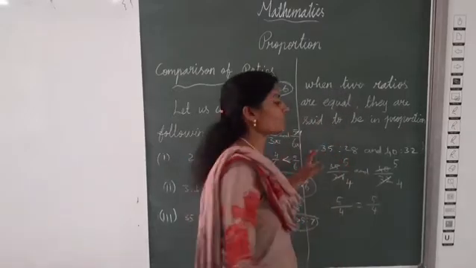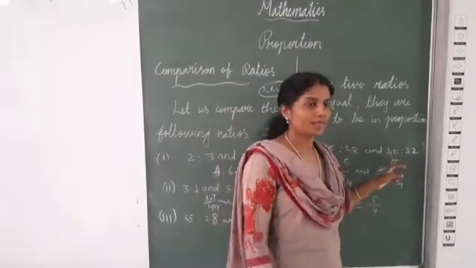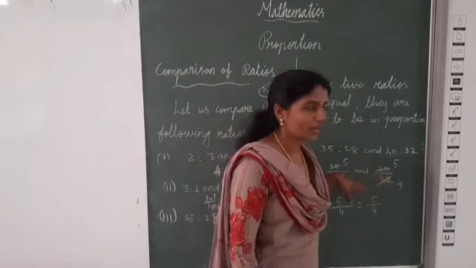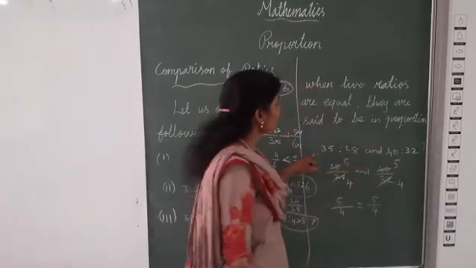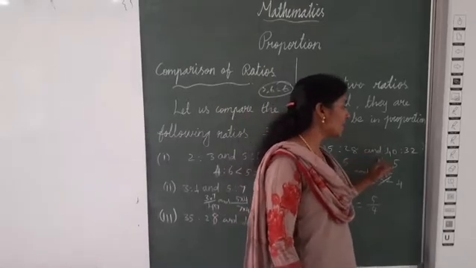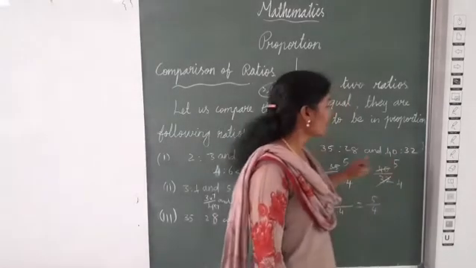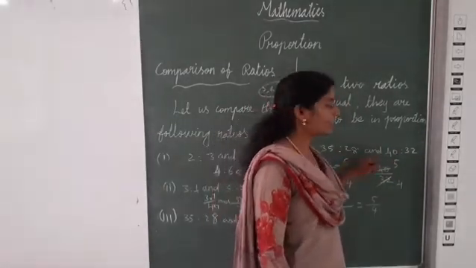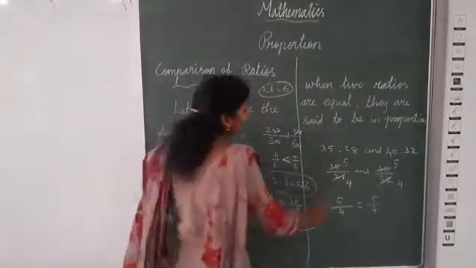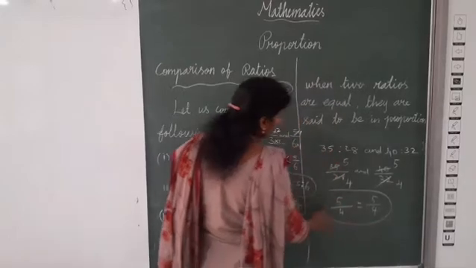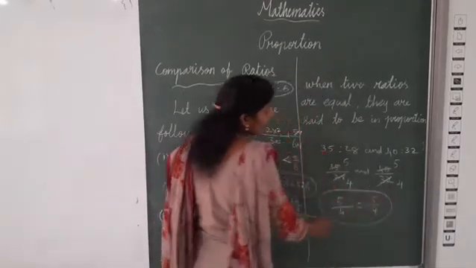So these two ratios are equal. So we can write 35 is to 28 is equal to 40 is to 32. Like this we compare any two ratios.